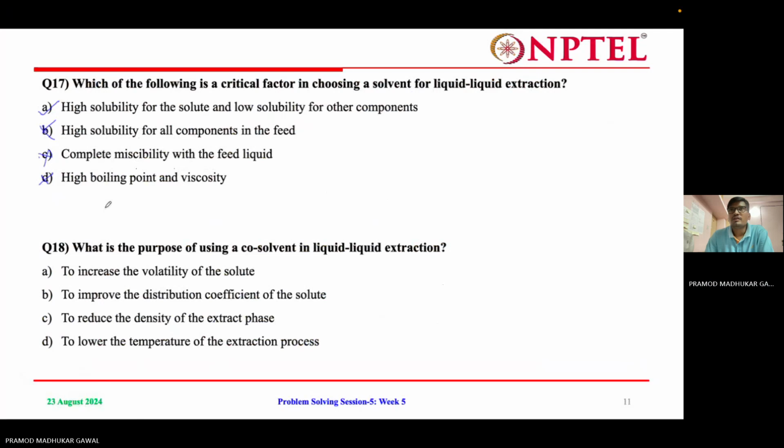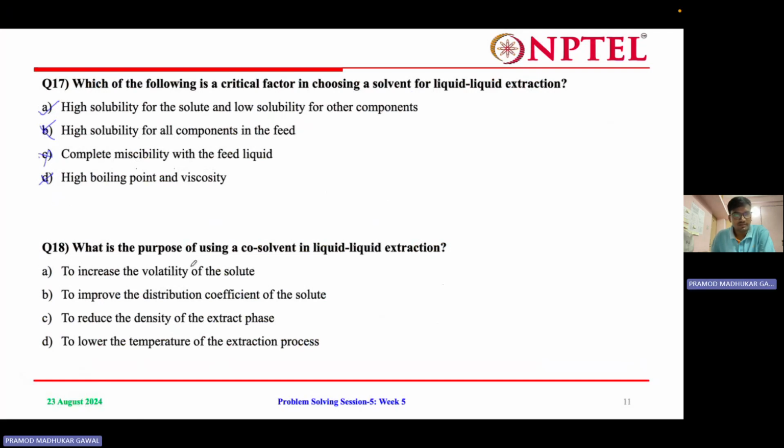Suppose in the raffinate phase, generally the raffinate phase is a water rich phase. Okay, so option A is correct.